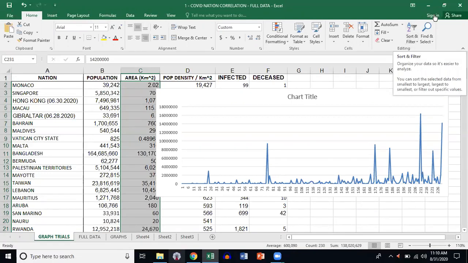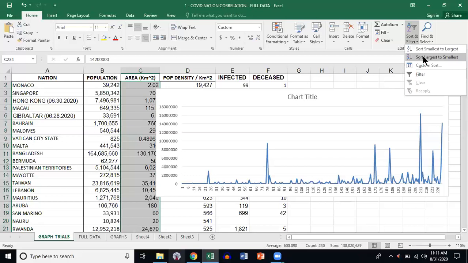So you see where I have the cursor here, the arrow is on the home tab, all the way to the right, okay, where it says sort and filter. Click into sort and filter and a little drop-down menu. You want sort from largest to smallest, okay?